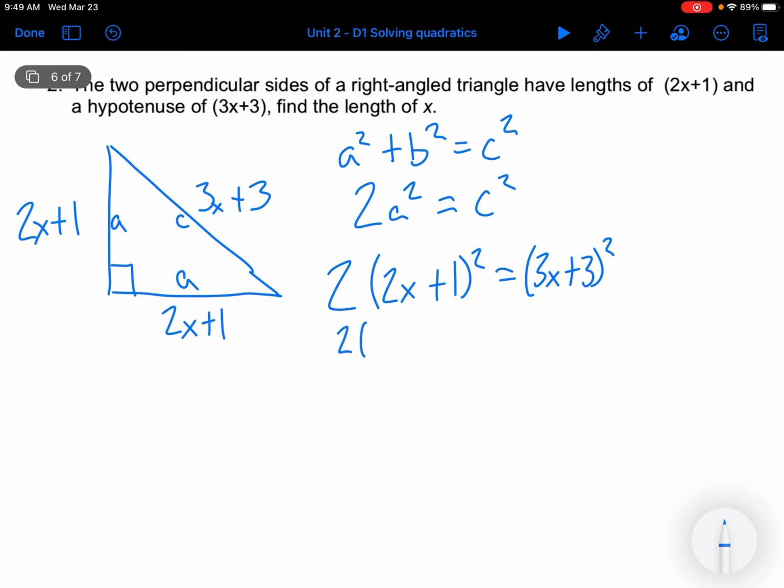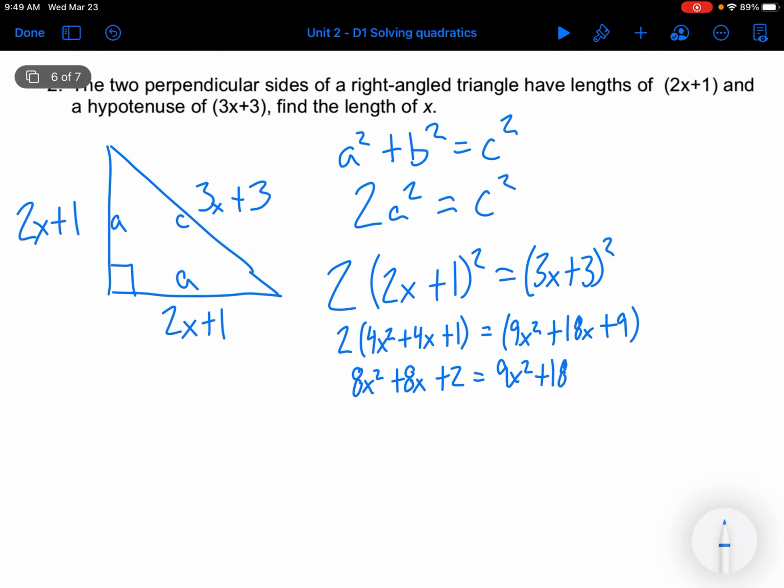So we get 2 times 4x squared plus 4x plus 1 equals 9x squared plus 18x plus 9. And then that's going to be 8x squared plus 8x plus 2 equals 9x squared plus 18x plus 9.